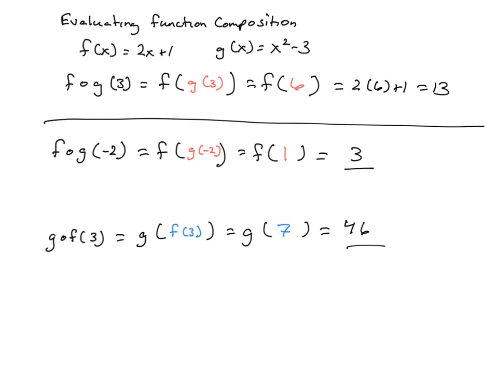When I put 7 into function g, I get 7 squared, which is 49, minus 3, which gives me 46. So that's how we came up with 3 and 46. Hopefully you got those. If you didn't, hopefully you now see what mistake you made and have corrected it. If not, make sure to ask about it in class.